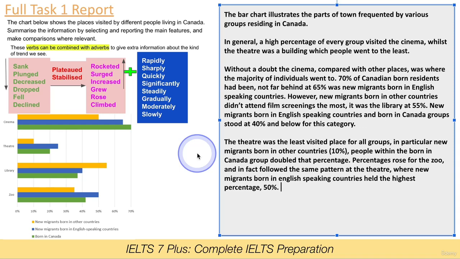Okay, let's read this back now and make sure it all sounds okay. The theatre was the least visited place for all groups, in particular new migrants born in other countries, 10%. People within the born in Canada group doubled that percentage.